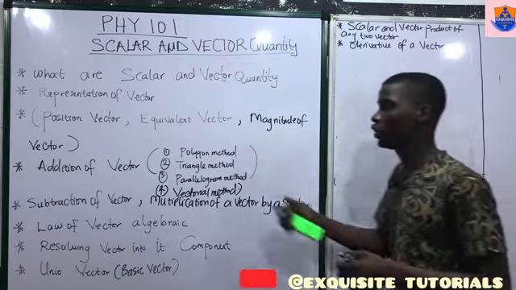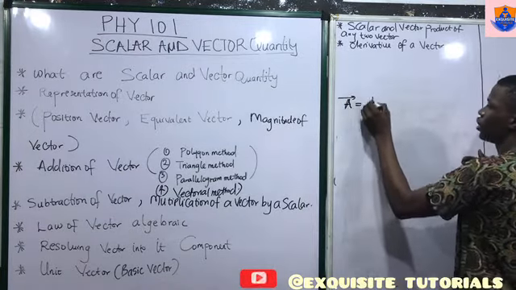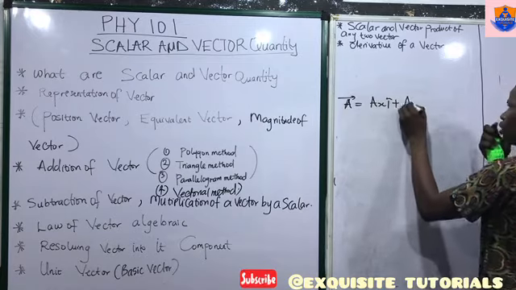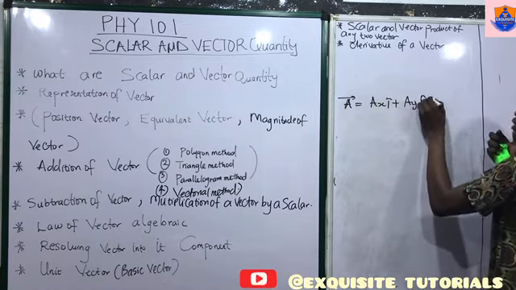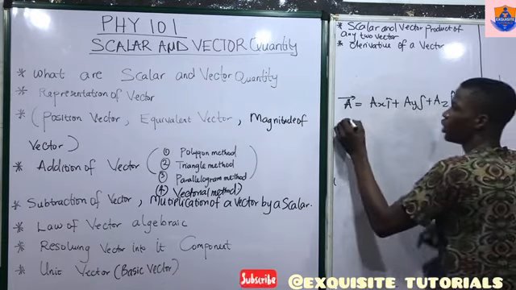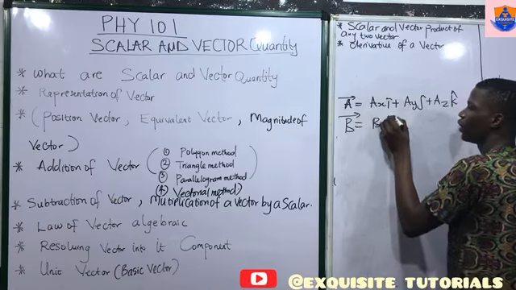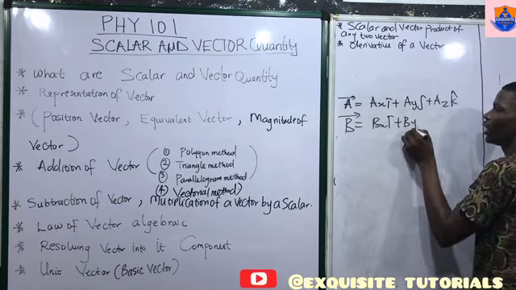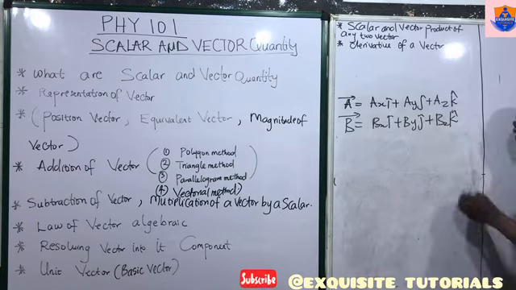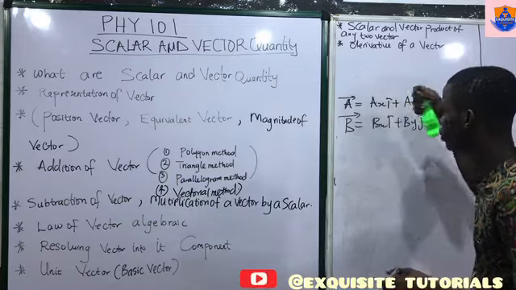So the next one is the vectorial method. The vectorial method is very simple. Assuming this is a vector A, it has ax i plus ay j plus az k, and this is our vector B. Our B has bx i plus by j plus bz k. If you are trying to add them vectorially, the x component is added to the x component.